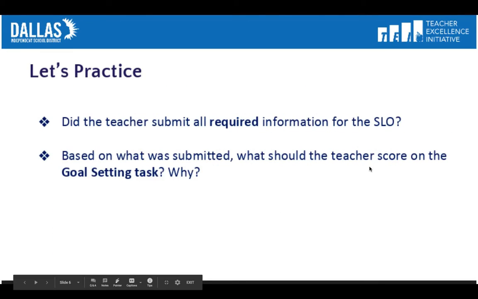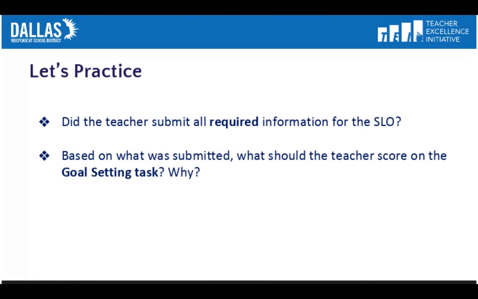After reviewing that SLO done by the teacher, did the teacher submit all the required information for the SLO? Did they have a who, a when, a how, and a clear goal? Based on what was submitted, what should the teacher score on the goal-setting task and why?